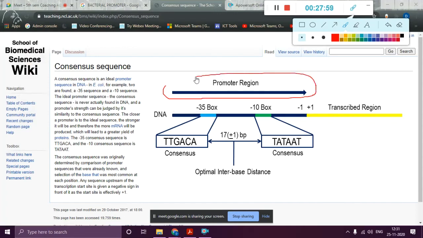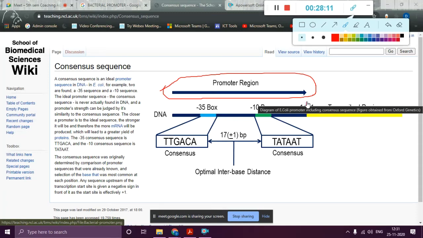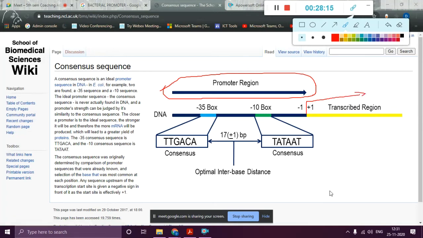This much region, it is the promoter region, and in the promoter region, this is the +1 site.